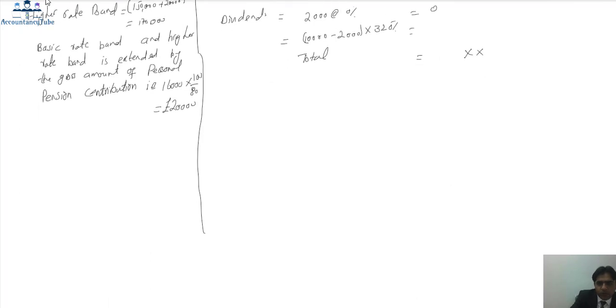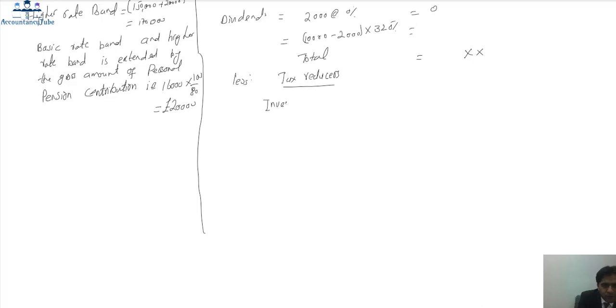Now we have to reduce this liability by the tax reducers. Okay, so we'll have to do the less tax reducers investment.